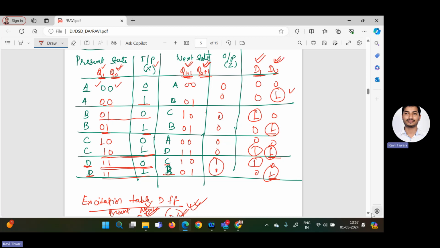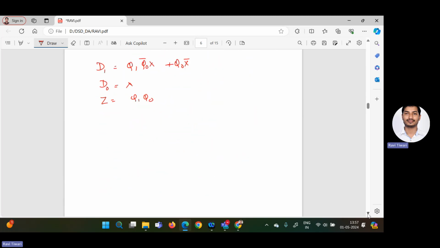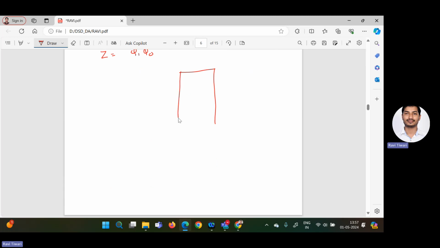So in the circuit design also, we will start by drawing the two D flip-flops here, back to back, one at the top, another one at the bottom. And here I am writing this is the first flip-flop and this is the second D flip-flop. Here we have to write down this is D1 and this is D0.